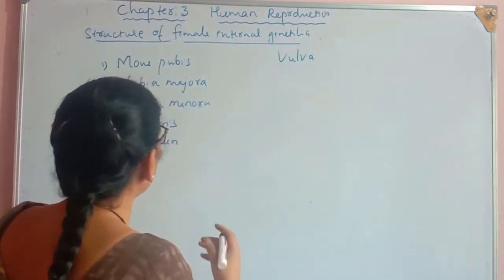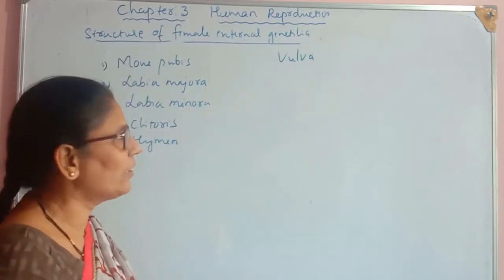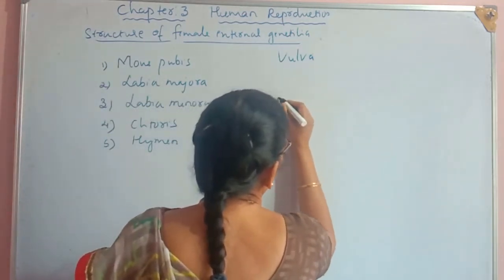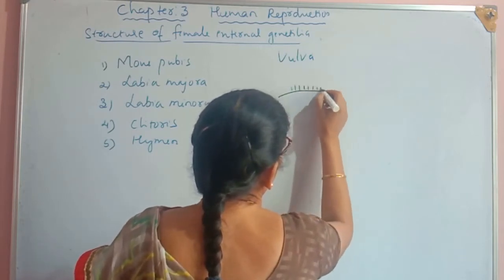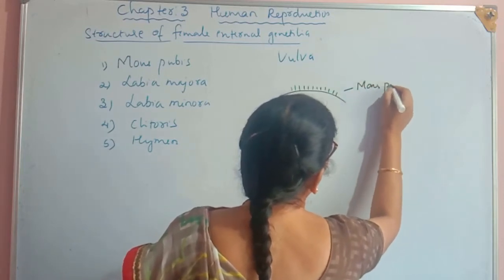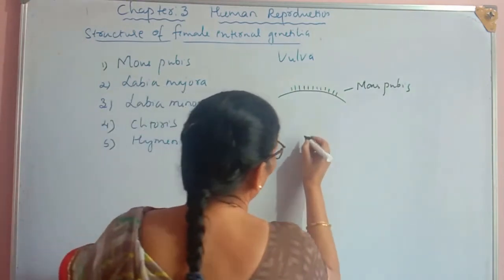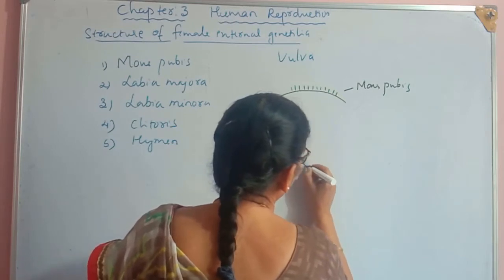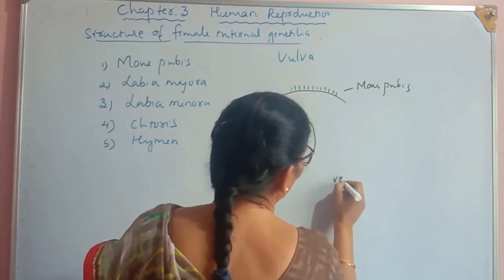The mons pubis is the fatty cushion-like structure covered with skin and pubic hair. And there is a cavity-like structure. This is called the vestibule.